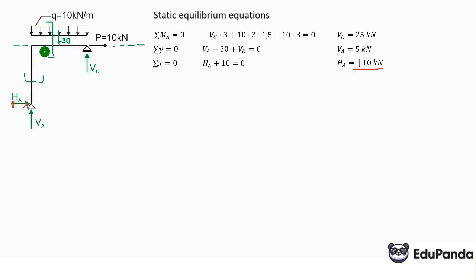As you remember from previous videos, we make cuts for our convenience, just like with beams. If it's convenient for us to cut twice from the left and once from the right, then we do it that way. Here it's convenient for us to cut once from the bottom and once from the right, so these cuts depend on convenience. We could do one from the bottom and then from the left, but in my opinion, it's easier as I've indicated.